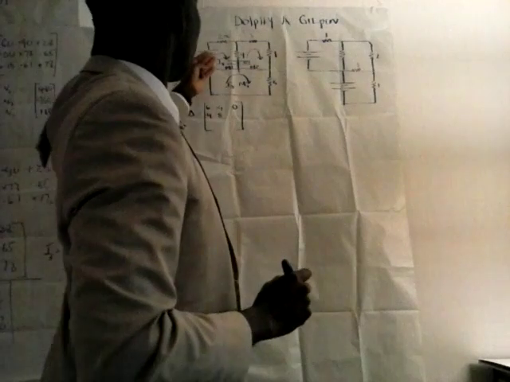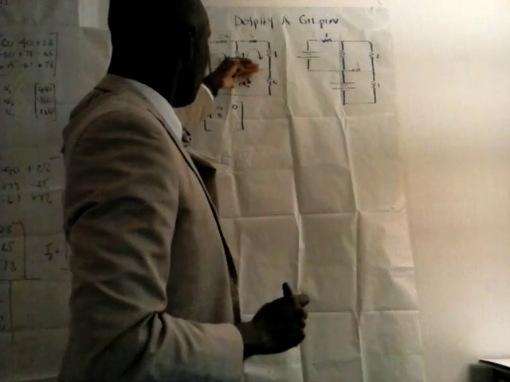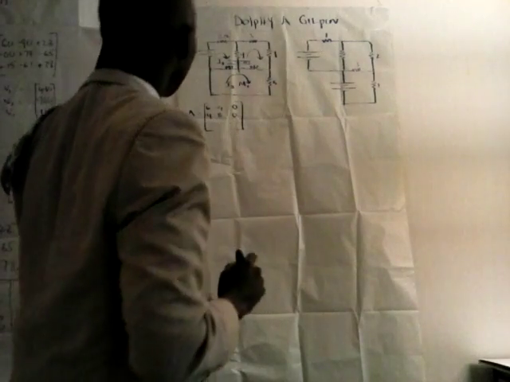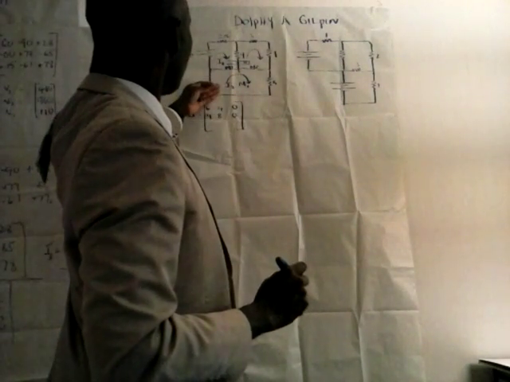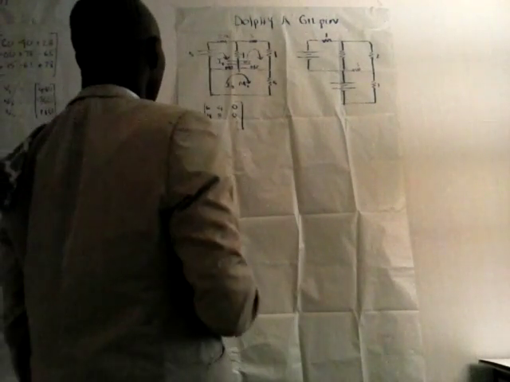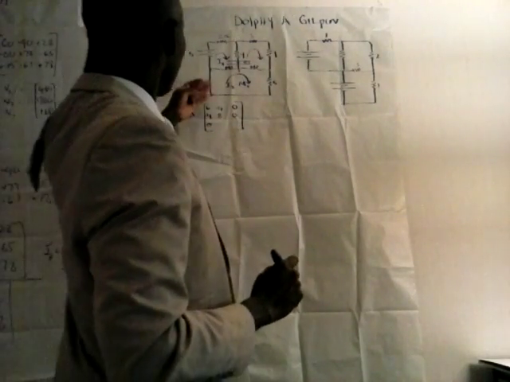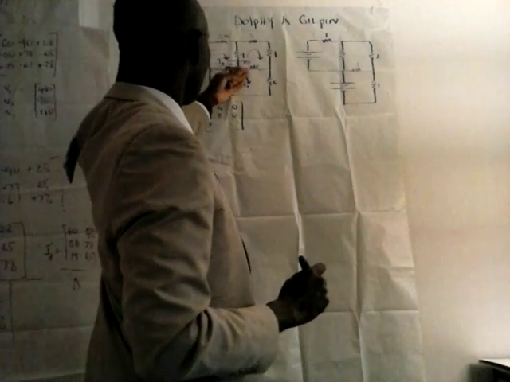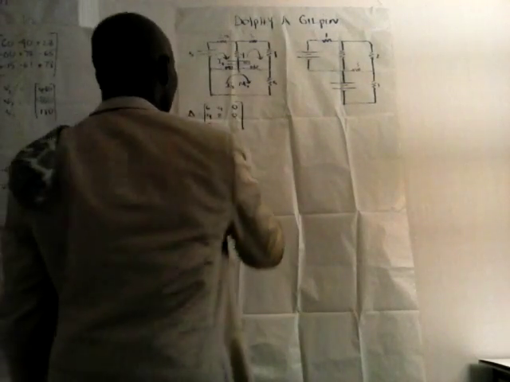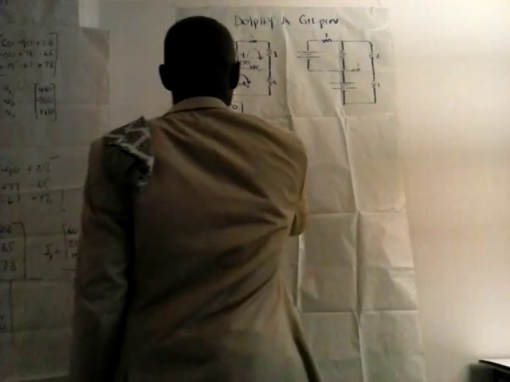And R23, resistance common in mesh 2 and mesh 3 will be 0. R31, resistance common in mesh 3 and mesh 1, that's 0 as well. R32, resistance common in mesh 3 and mesh 2, we notice here is the common line here, it's 0. And R33 would be 5 ohms.